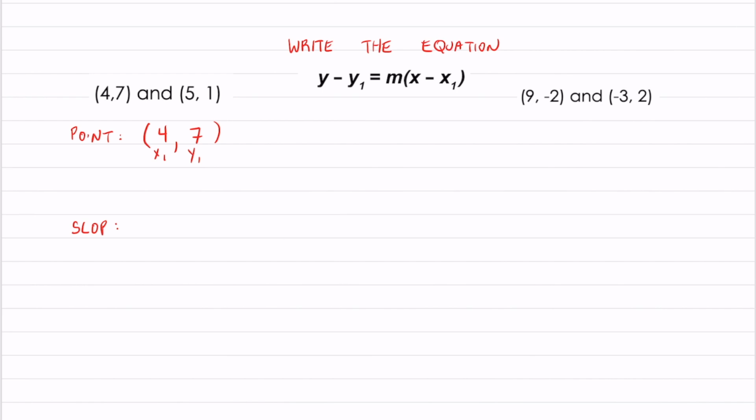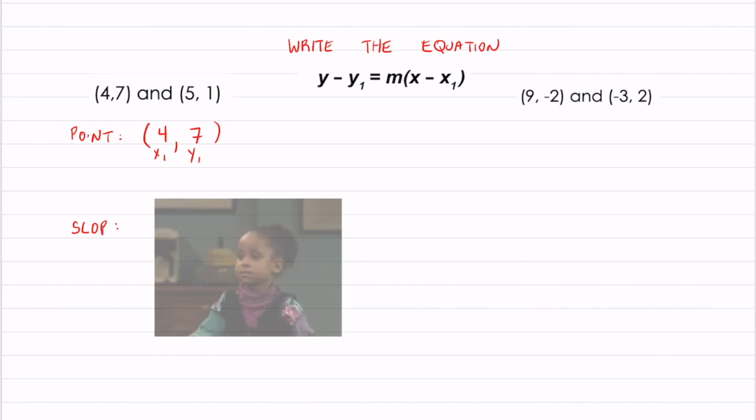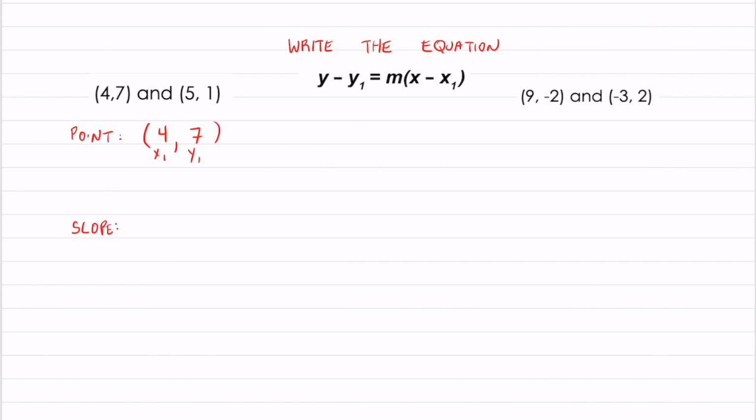We'll just do one solution because you can pick the other one if you wanted, and that's going to change your answer. As far as the slope, use the slope formula. You can label this as x1, y1, x2, y2, and plug it into that formula. And once you have a point and a slope, all you have to do is use this format, and you've got that problem over with.